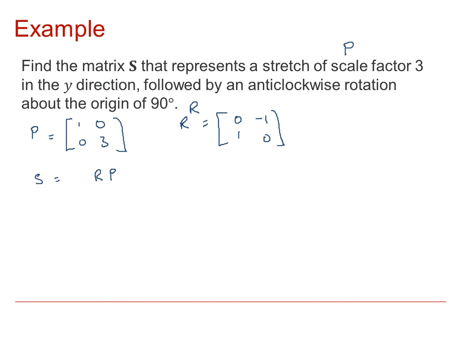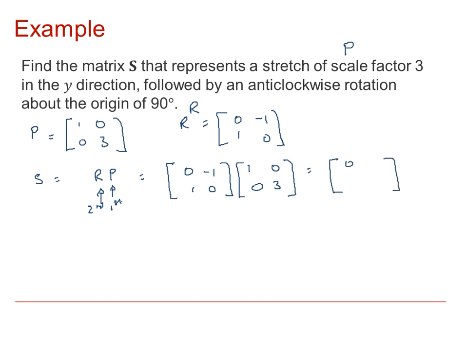So that's first P and second R. So it's given by [0, -1; 1, 0] multiplied by [1, 0; 0, 3]. And if you do the multiplication for that, we get [0, -3; 1, 0]. So that's the matrix S.